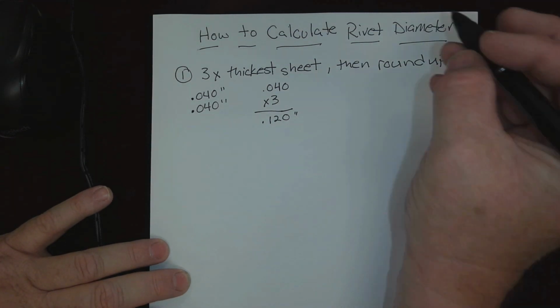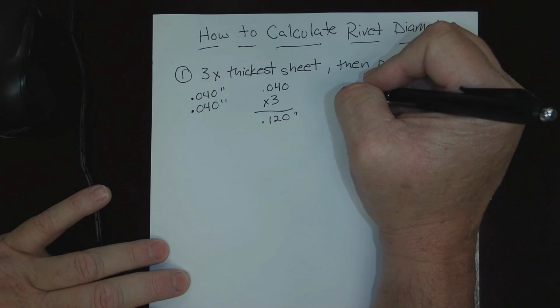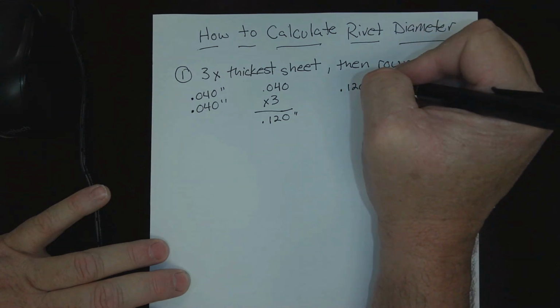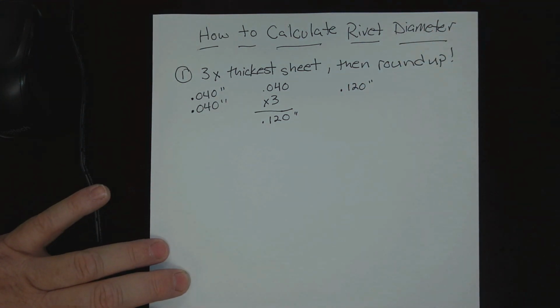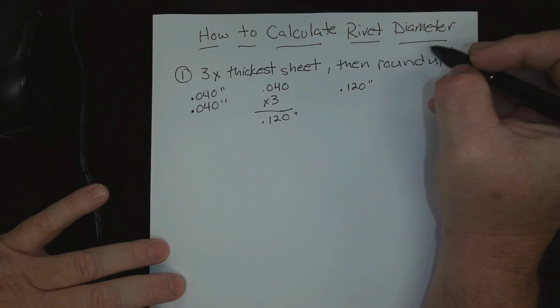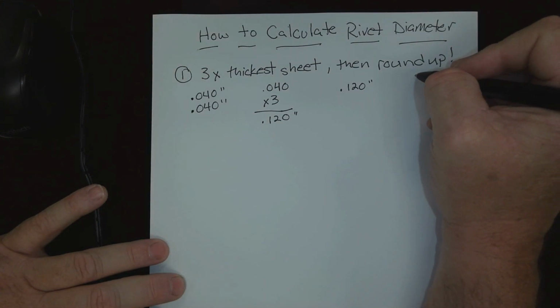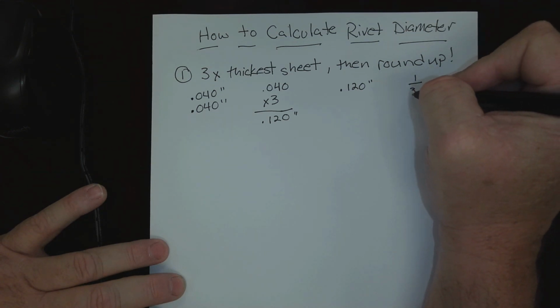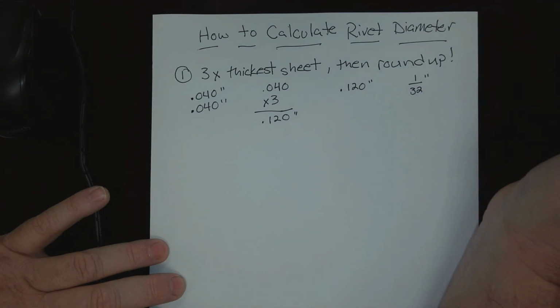Now let's look at the second part. If we have 120 thousandths of an inch, that gives us a good guide, but what we would have to know is our rivet sizes in order to round up. Well, from a previous video, I told you that all rivet diameters are in 1/32 of an inch.